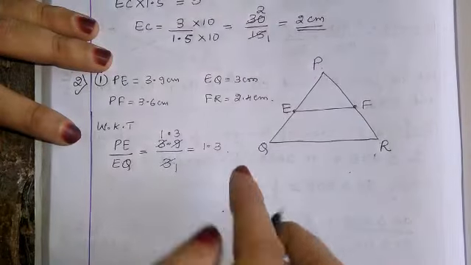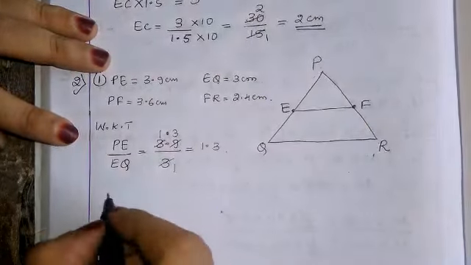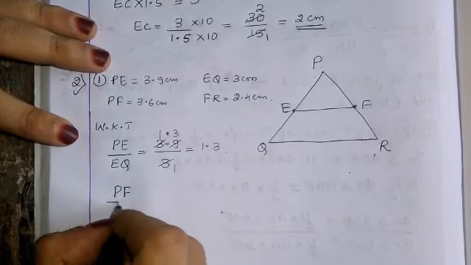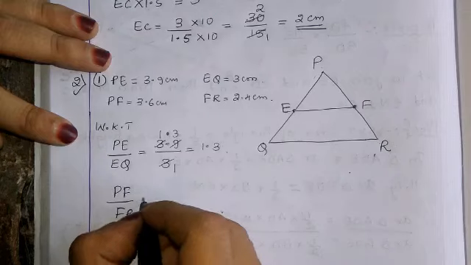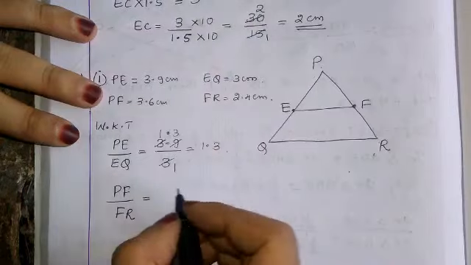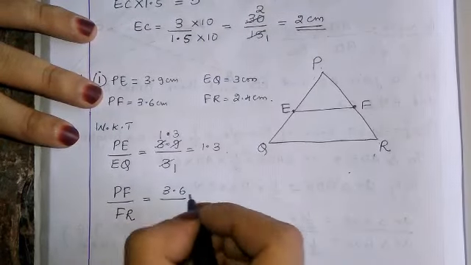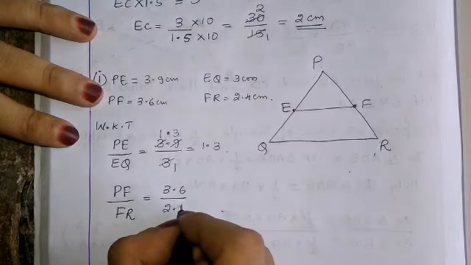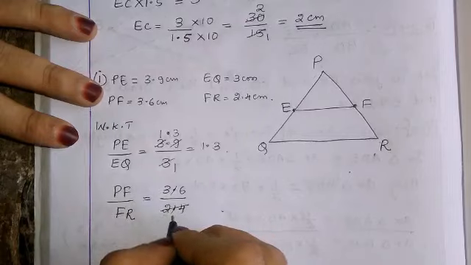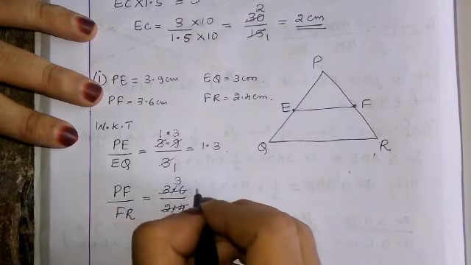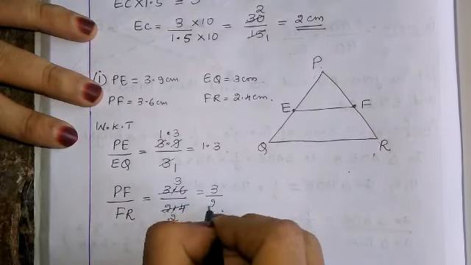PE by EQ. Now let us see this side, PF by FR. PF value is 3.6 and FR value is 2.4. See, the point is in the same position, so the point gets cancelled. 12 2s are 24, 12 3s are 36. We got 3 by 2.